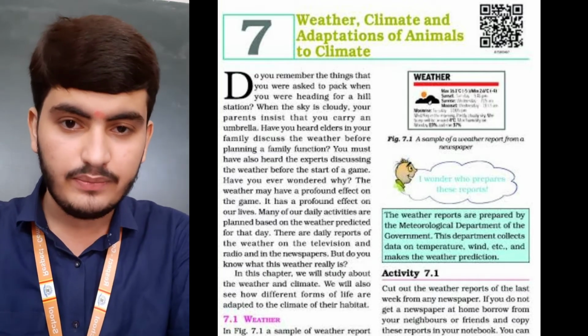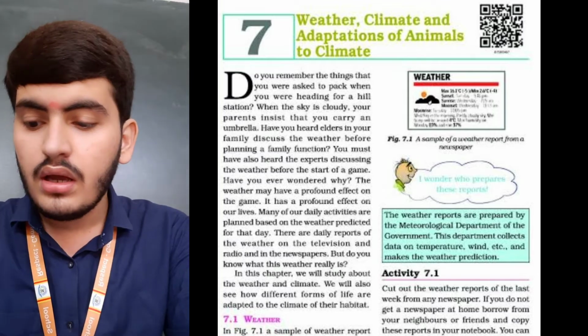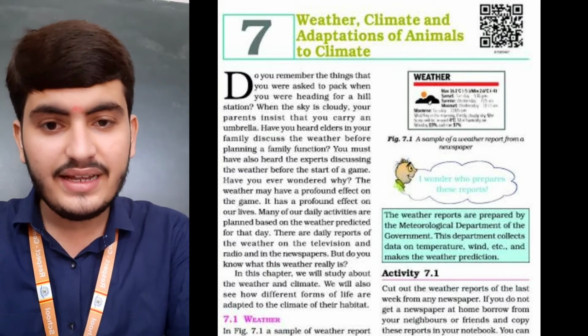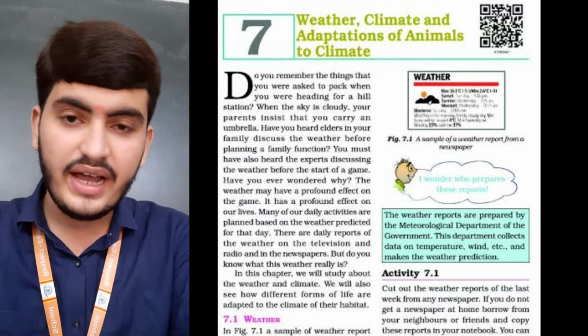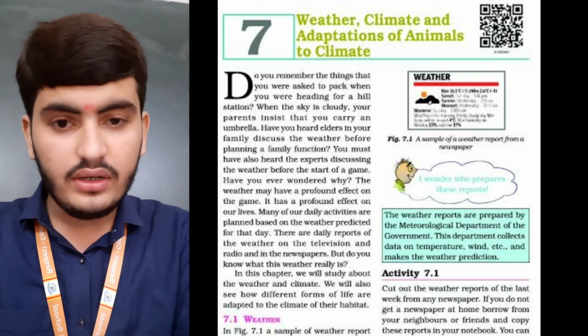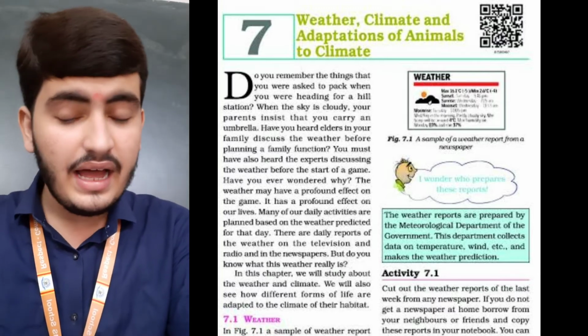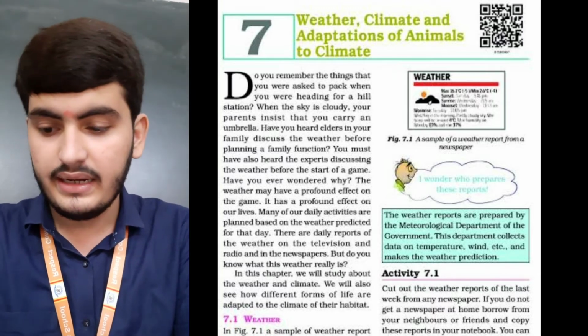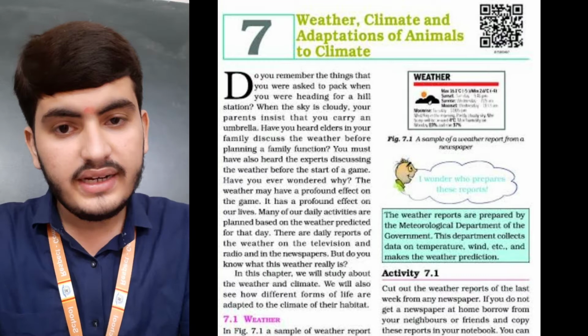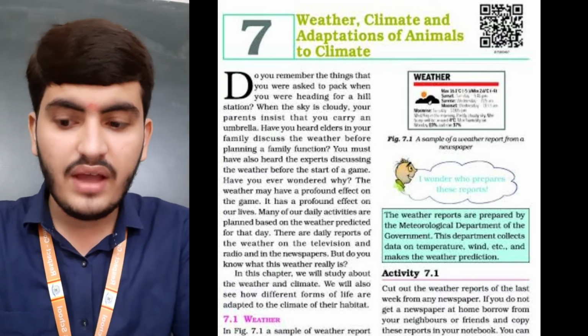When the sky is cloudy, your parents insist you take an umbrella with you. Now, why are we taking an umbrella? Because it's not certain whether rain will come or at which time it will. So, for our safety, we have to take the umbrella. Have you ever heard elders discussing family functions?